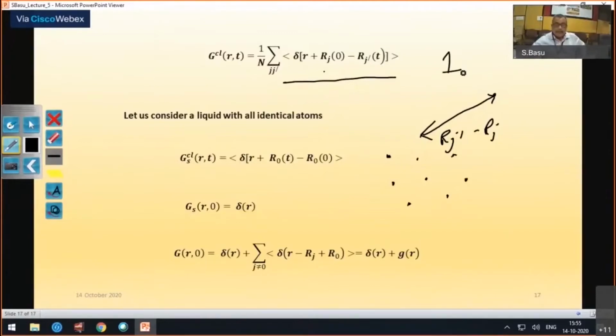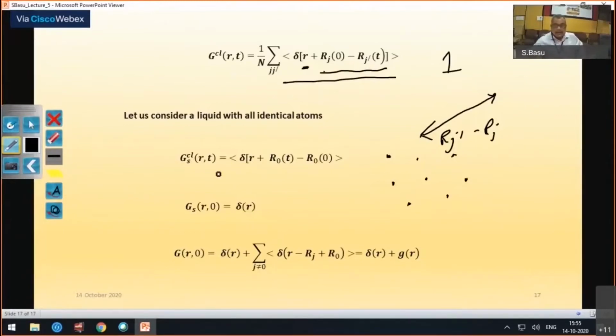It just maps this correlation. Whenever the delta R, this variable, is equal to the distance between two atoms, can be the same atom also, J can be equal to J prime, then it clicks to 1.